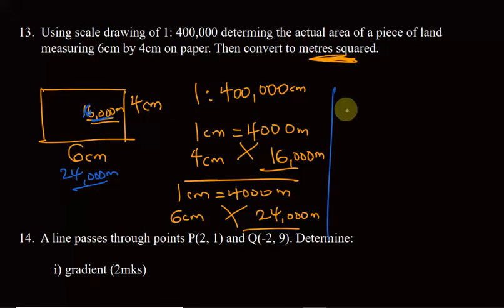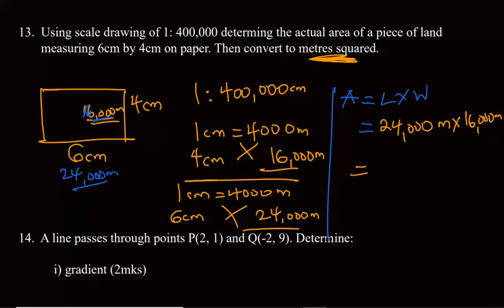Its area of a rectangle is length times width. So we'll just take the length, 24,000 meters, times 16,000 meters. You just multiply 24,000 times 16,000.